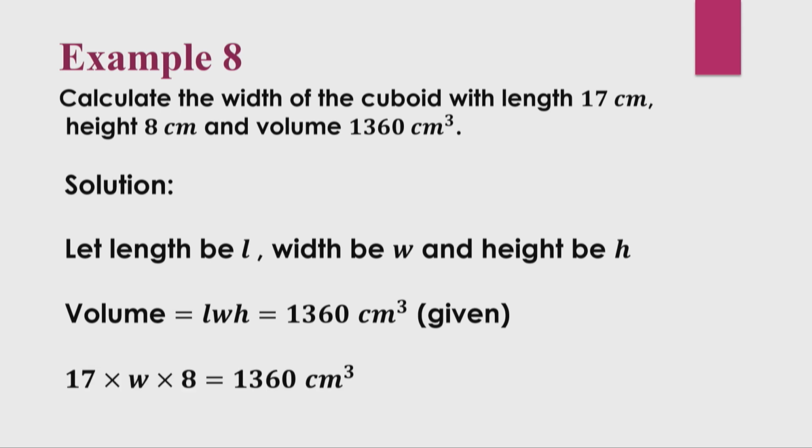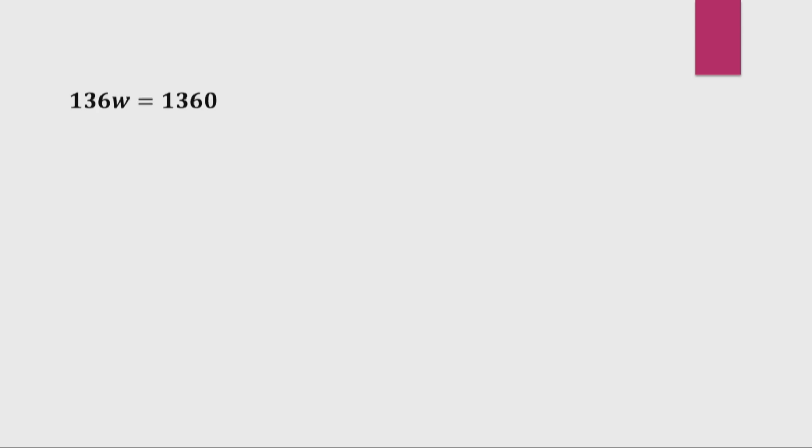Substituting the values L and H, 17 multiplied by W multiplied by 8 is equal to 1,360. Simplifying, we get 136W is equal to 1,360. W is equal to 1,360 divided by 136. Evaluating, we get W is equal to 10 centimeters.